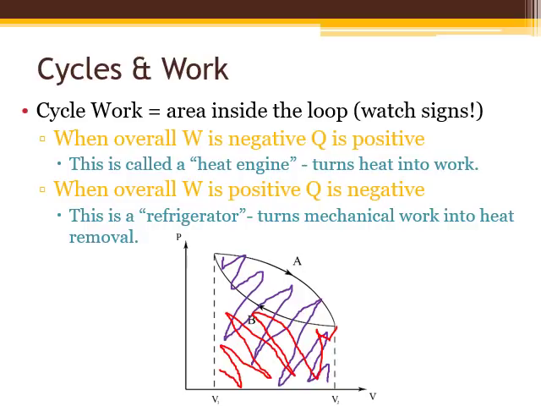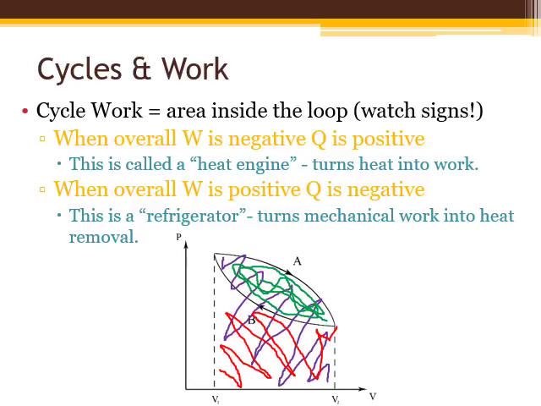They're going to be different values by the quantity that is enclosed in this loop. So this amount enclosed in the loop is going to be the net work that this cycle results in. And that work could be positive or negative.